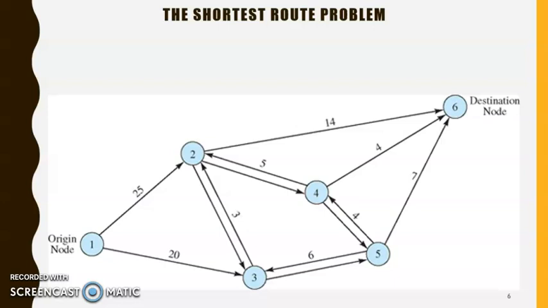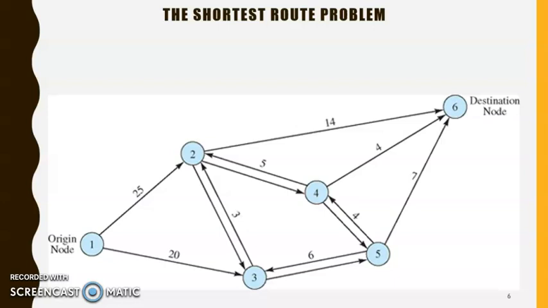But usually the first question that comes to the mind of students is, why, if all of them are two-way streets, why is the route 1 2 single direction? Why the road 1 3 is single direction? Why the roads 2 6, 4 6, and 5 6 are single direction?